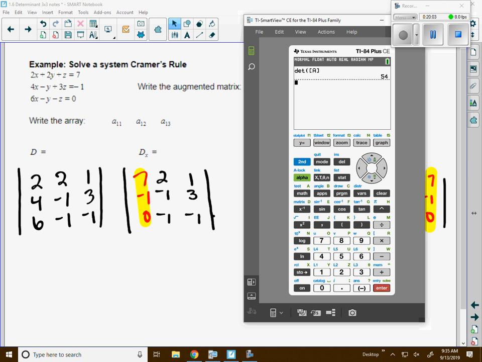Anybody not getting 54? Did you already get the determinant part? Oh, no, you didn't.